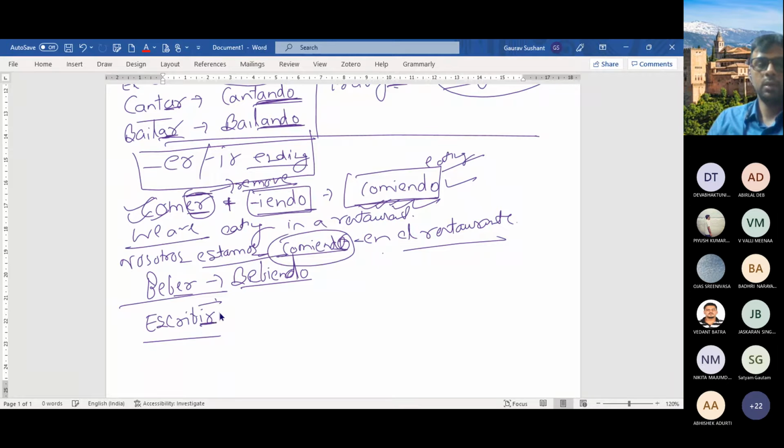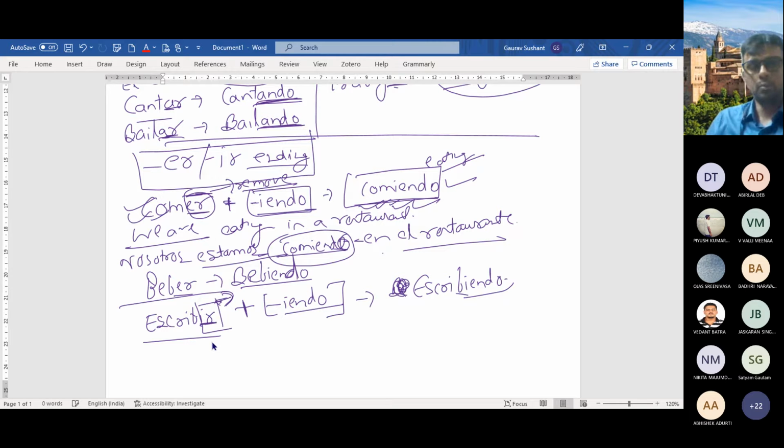So escribir is an IR ending verb, and for using it in present continuous, you remove the IR part, and you add the same thing you added in the last example, IENDO, and then it will become escribiendo.